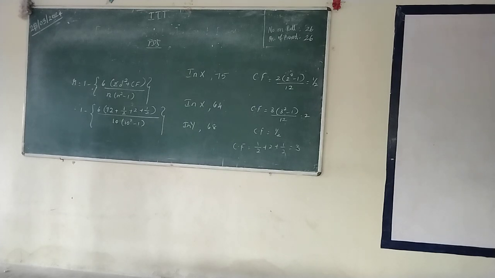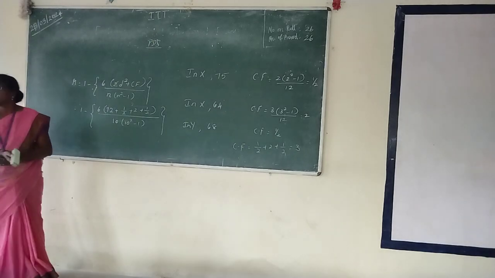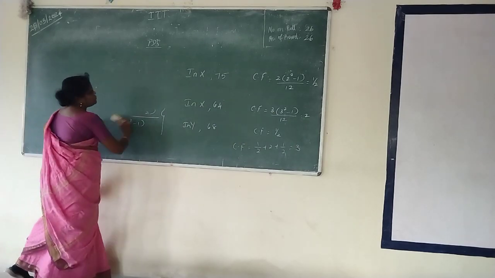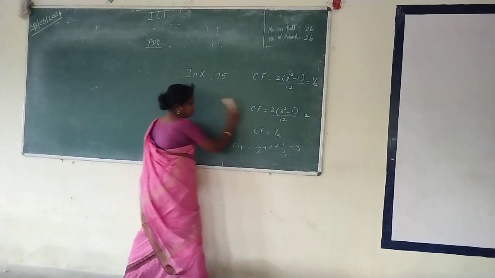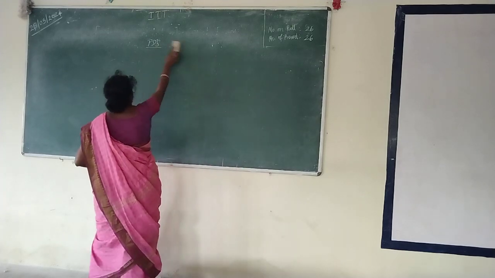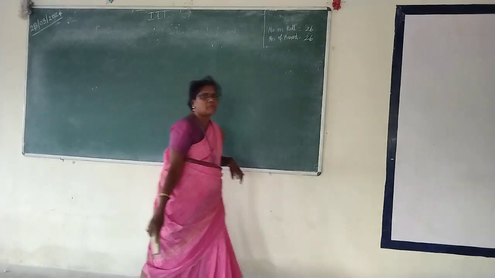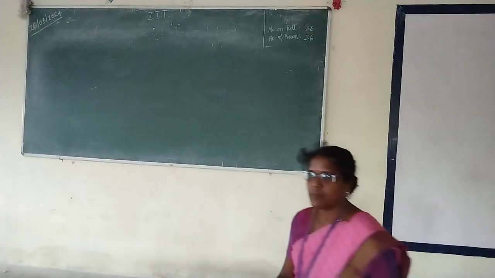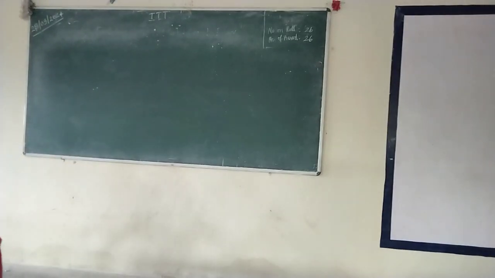So your answer will be 0.5455. Slight variation in the 4 decimal places. It's okay, ma'am. At least the first 3 decimal places should match. 0.5454, that will be the answer. So with this our correlation topic is over.